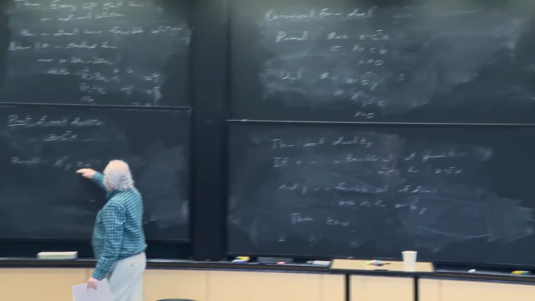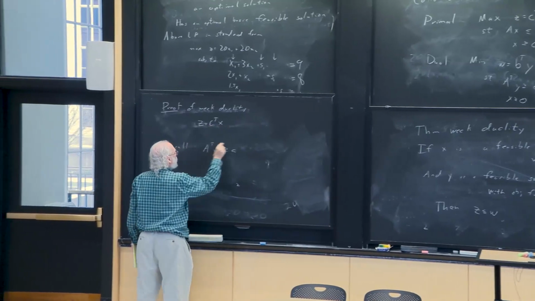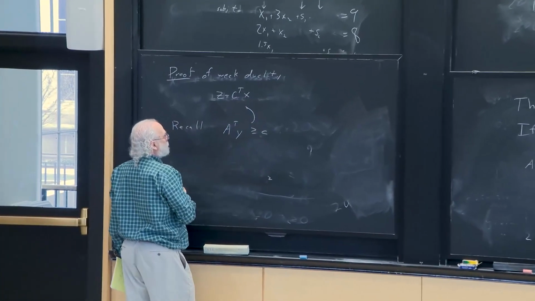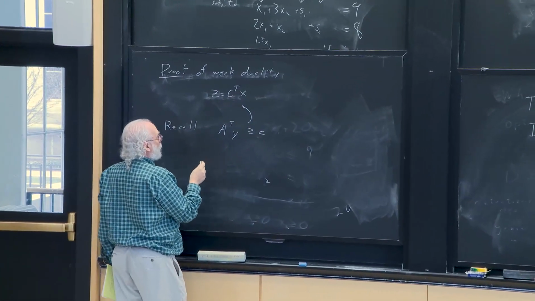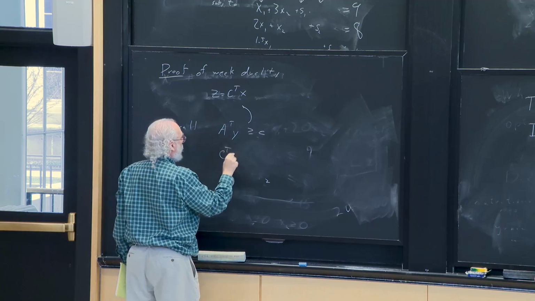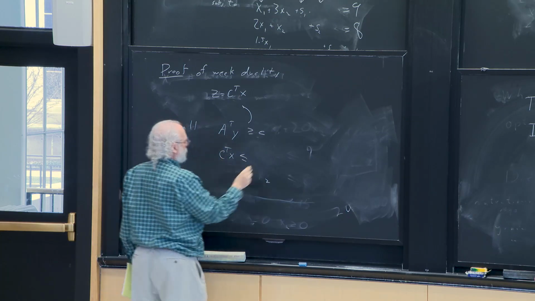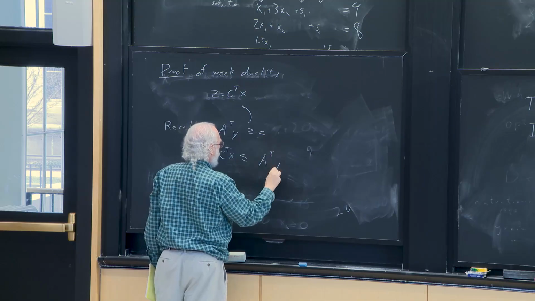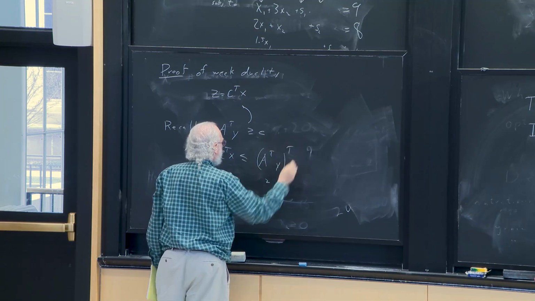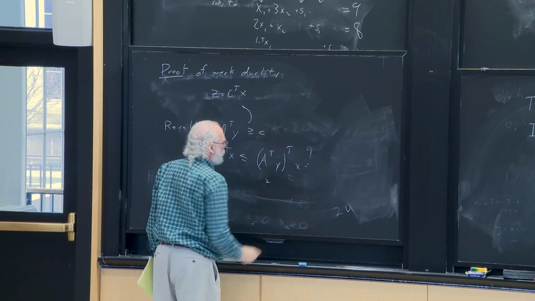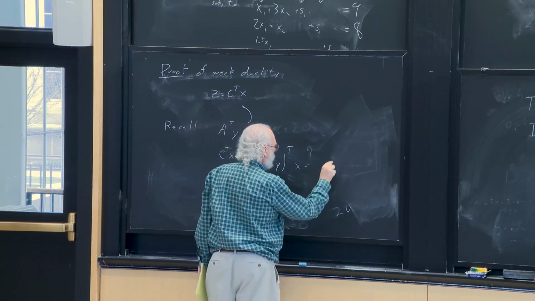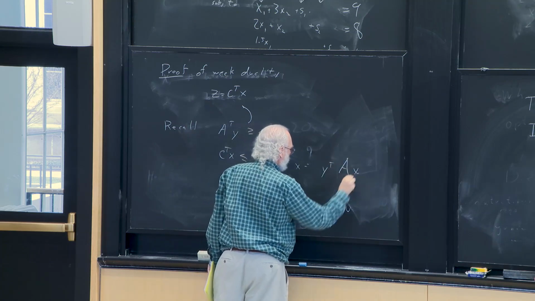So what we're going to do is plug this in here, and we get C transpose X is less than or equal to A transpose Y transpose X, which is equal to Y transpose AX.